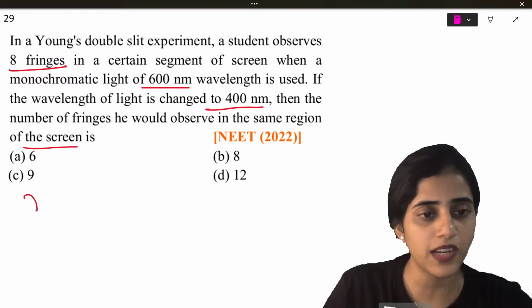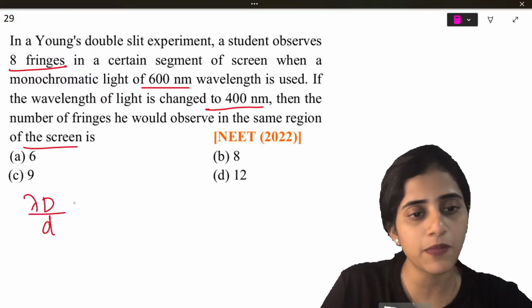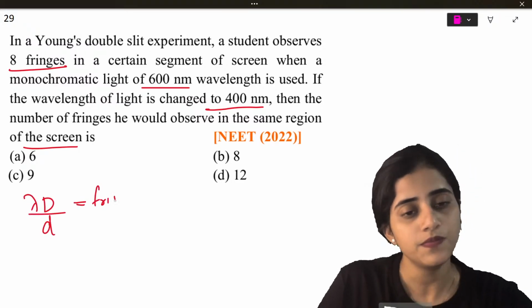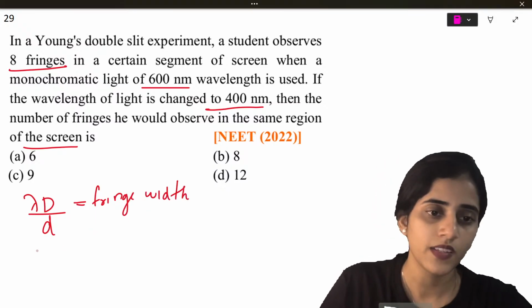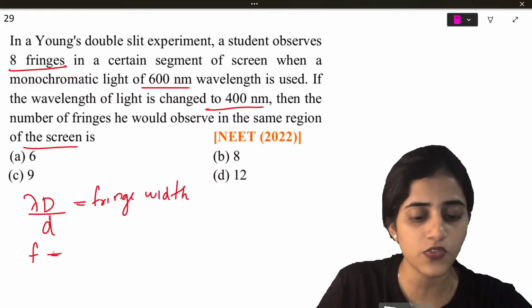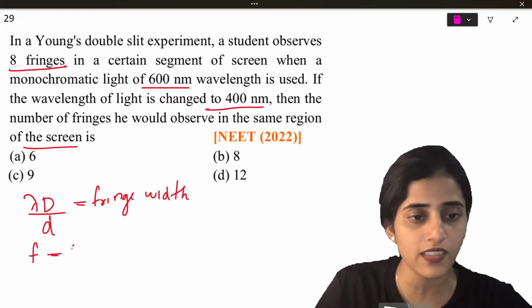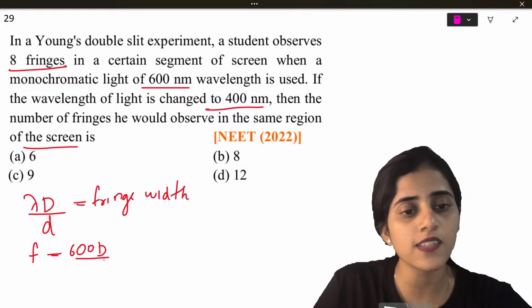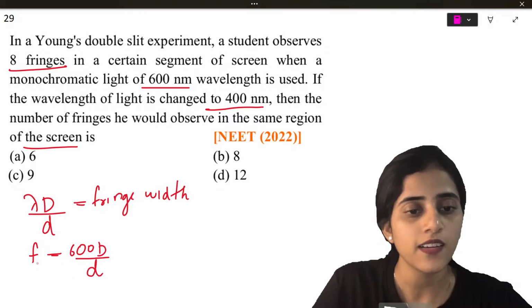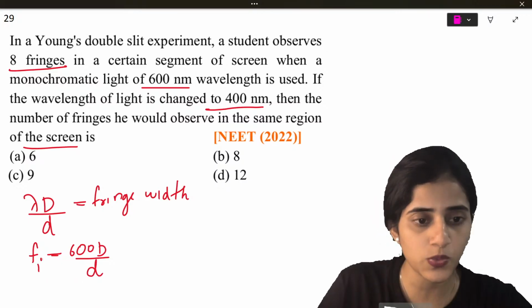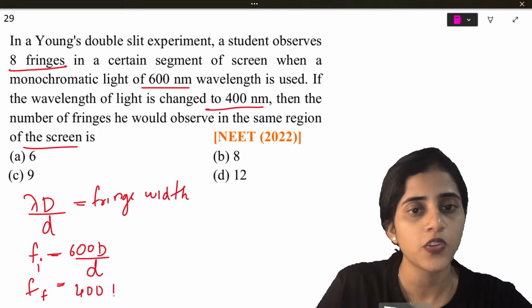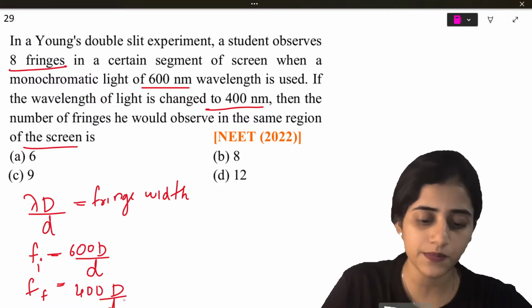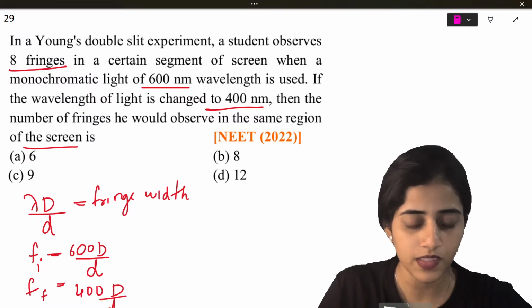First, let's write down the formula: lambda D by d is the fringe width. For 600 nanometer wavelength, the fringe width is 600 D by d. For 400 nanometers, the fringe width will be 400 D by d.